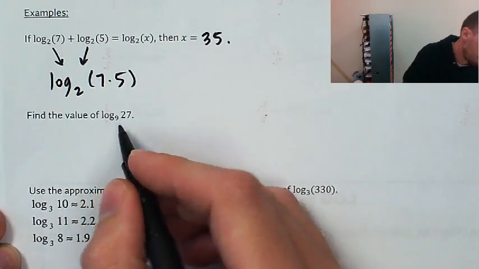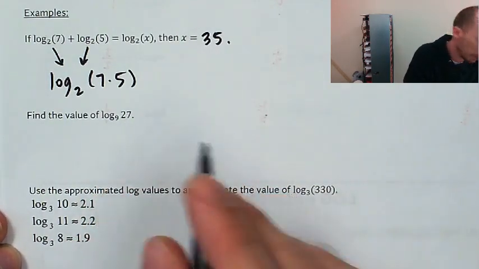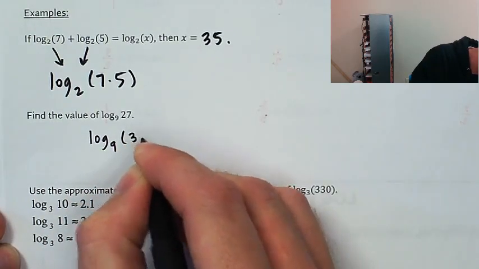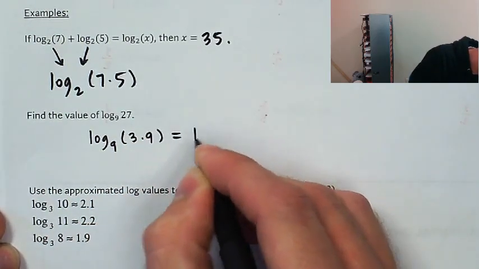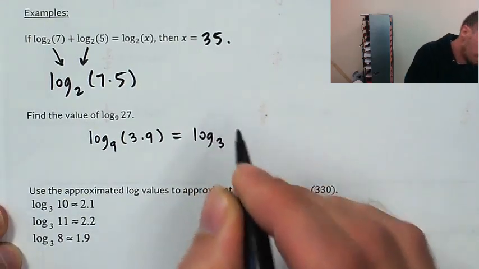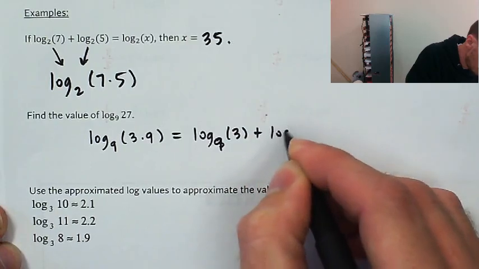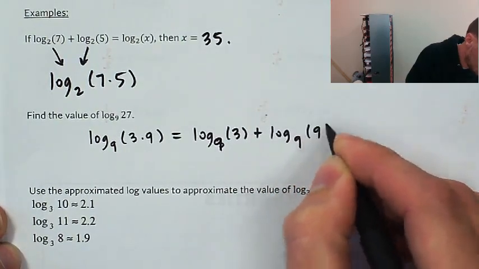So I'm going to call that 3 times 9 is 27. So this is going to be log base 9 of 3 times 9, which will equal log base 9 of 3 plus log base 9 of 9.